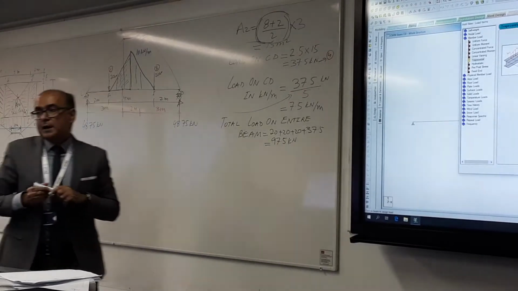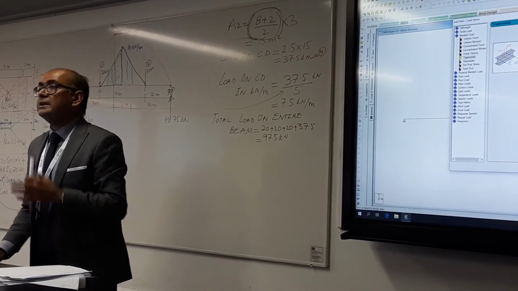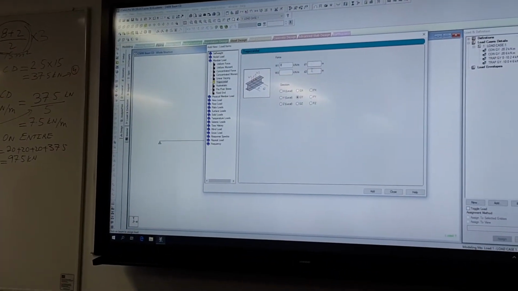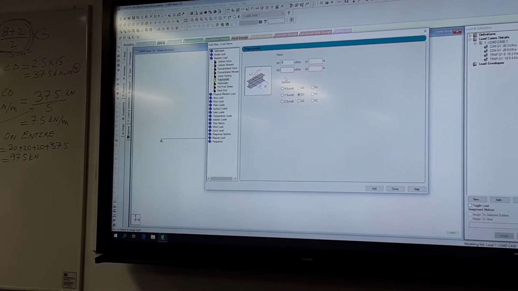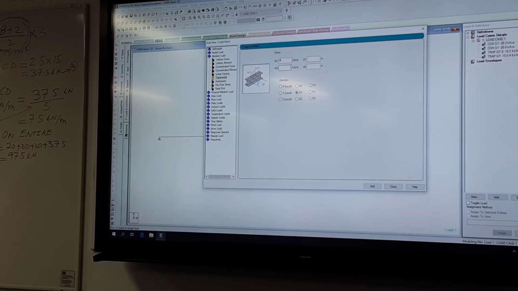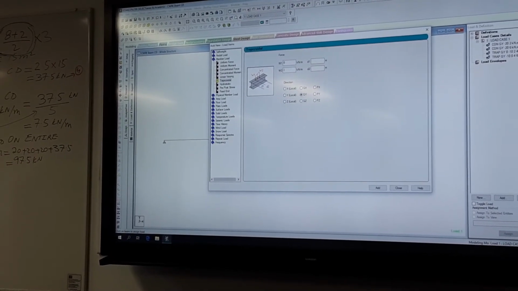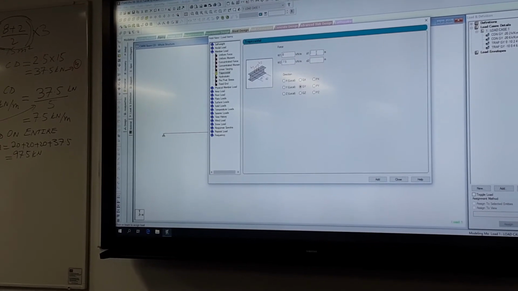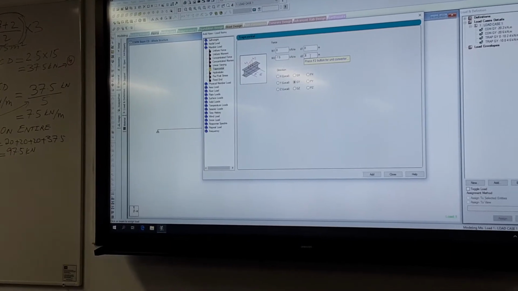Now, for me to define this first part, which is this part from here to here. Okay. Now this part is, its intensity at left is 0, and then the ending intensity is 7.5, and it is starting from 0 and it is ending at 3, isn't it?